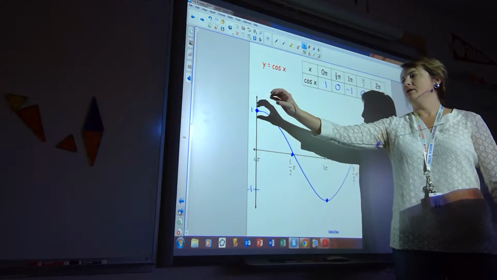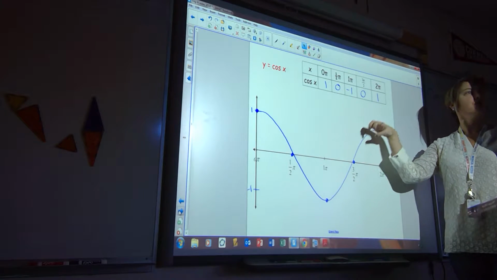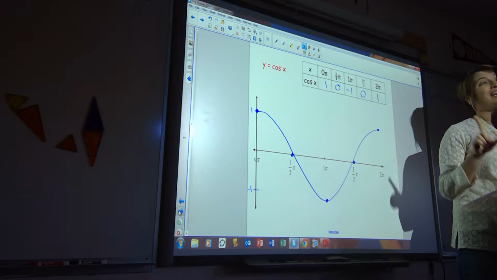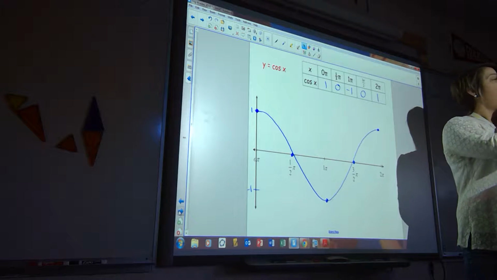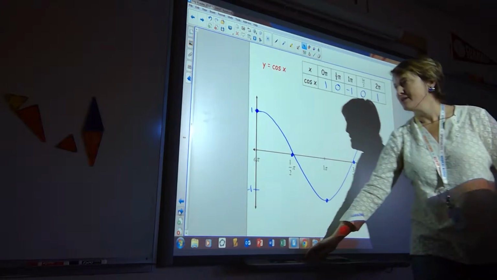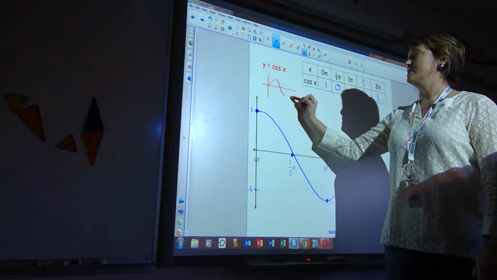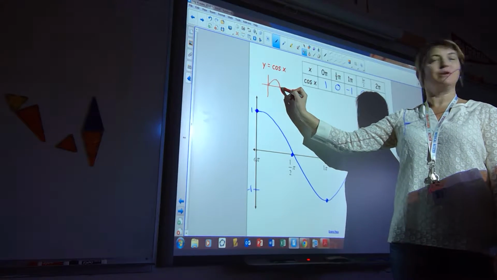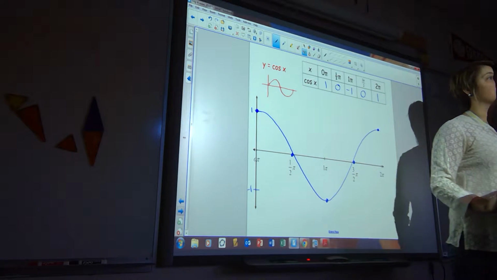Full moon, half moon, no moon, back to half moon, back to full moon. Now, if we wanted to track it from half moon to half moon, that would be a sine curve. So if we wanted to track it from half moon up to full moon, back to half moon, down to no moon, back to half moon, then we would call it a sine curve.